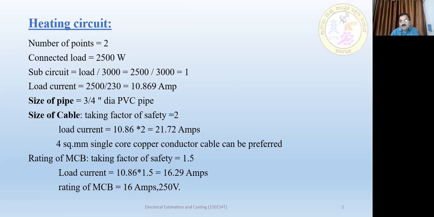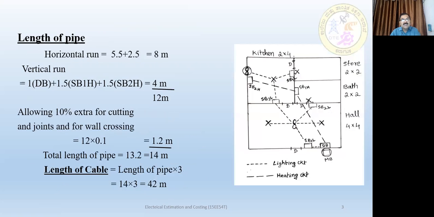Now we will move to the next slide. Here we have a circuit wiring diagram. Now we have to calculate this length and this length. In the wiring diagram, this gives you the horizontal run. From the distribution board, it runs directly to SB1H.